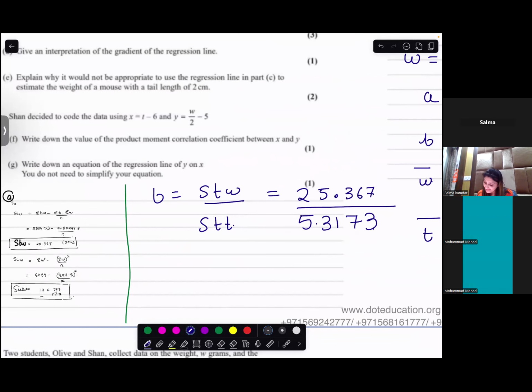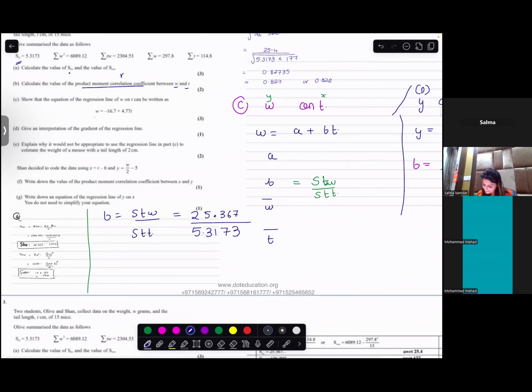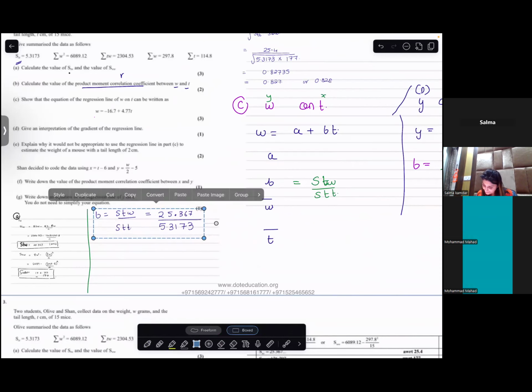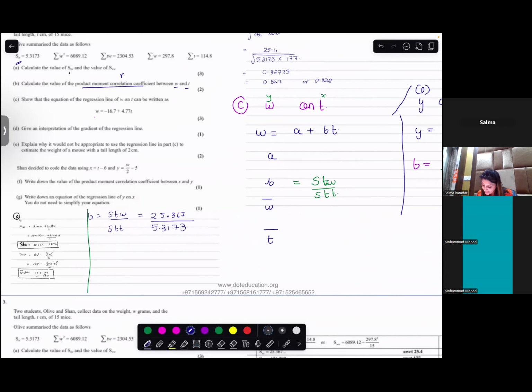So I will take that only. So my B, when I divide this, is going to be 4.77065, which I can write as 4.771.